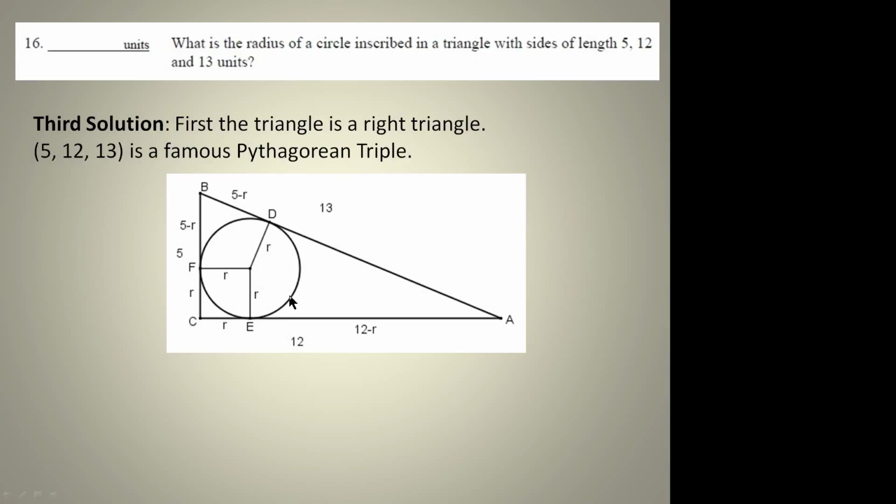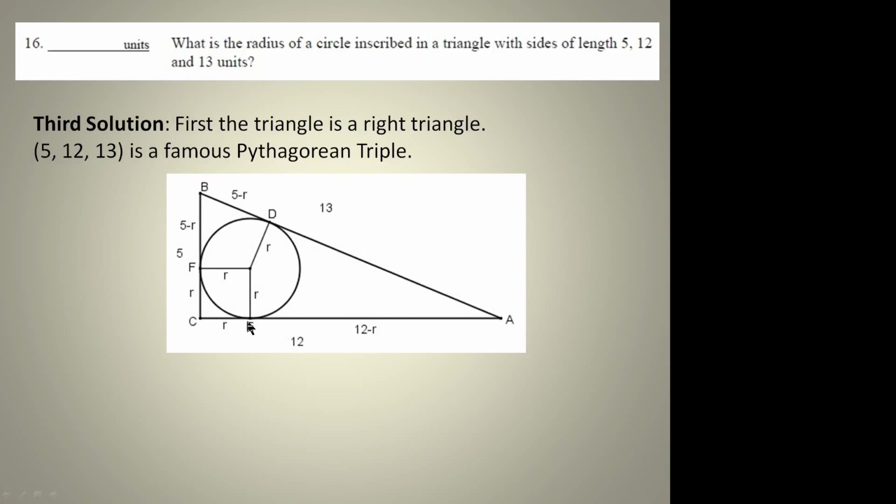We know that for any circle tangent to one side, the radius passing through the point of tangency must be perpendicular to that line.